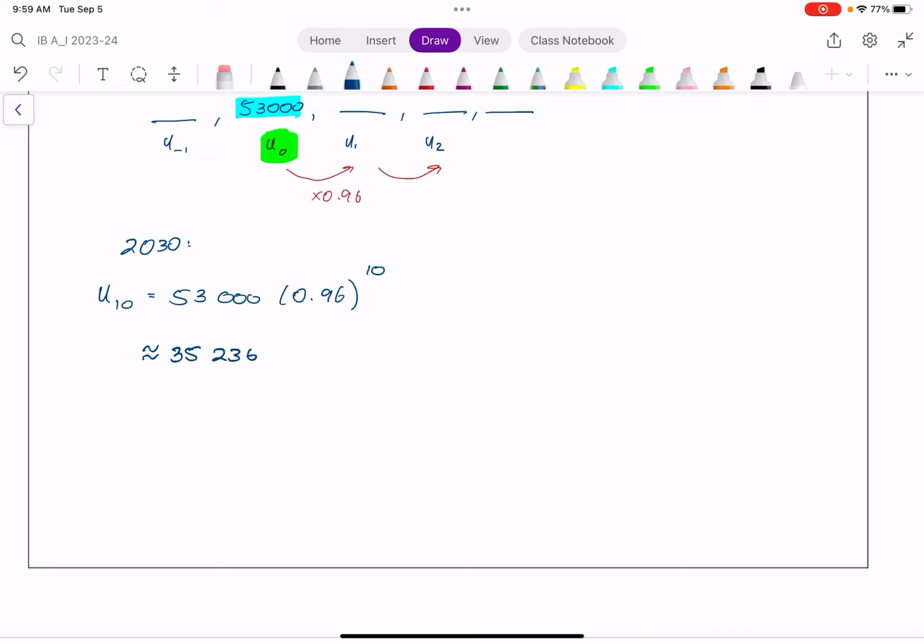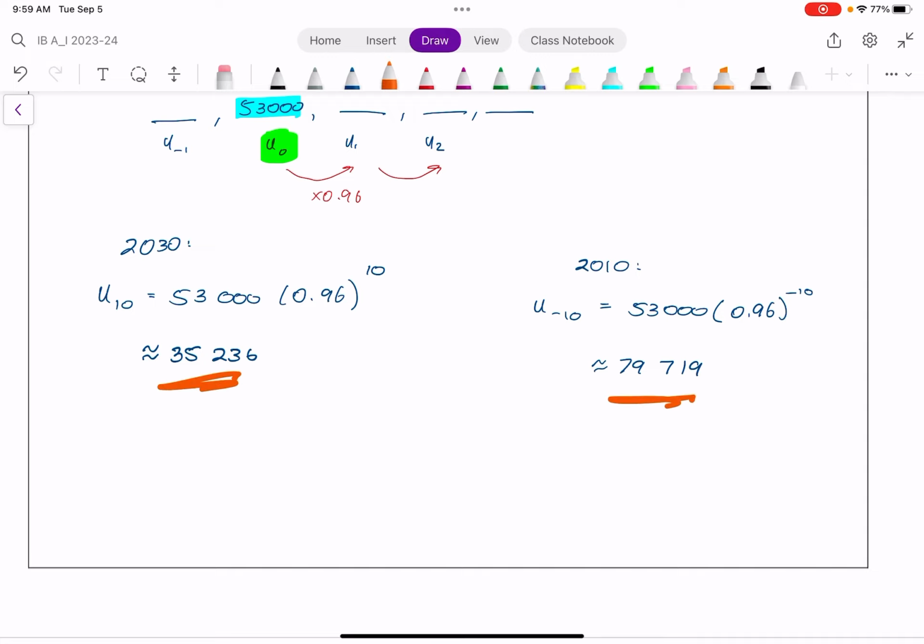And since this is not a geometric sequence, or not formally, I can think about negative terms. And so the year 2010 would be U negative 10, 10 years before 2020, which means it's going to be the same setup, 53,000 times 0.96 to the power of negative 10, which I can just input into a calculator, and I get approximately 79,719.